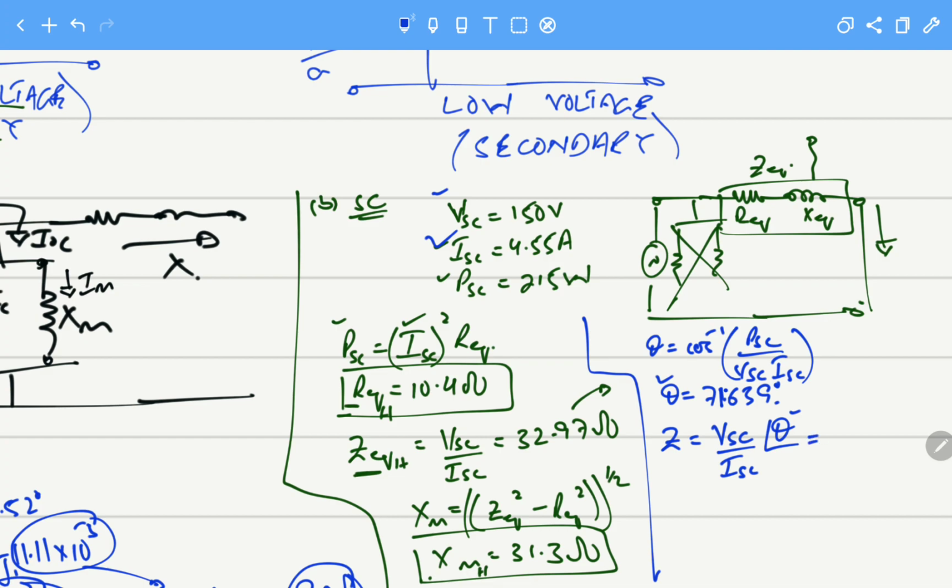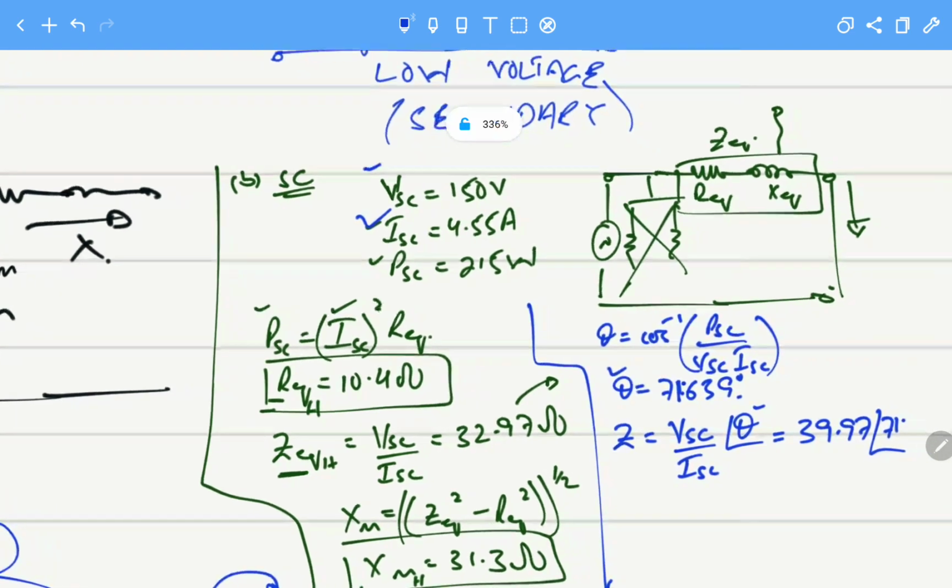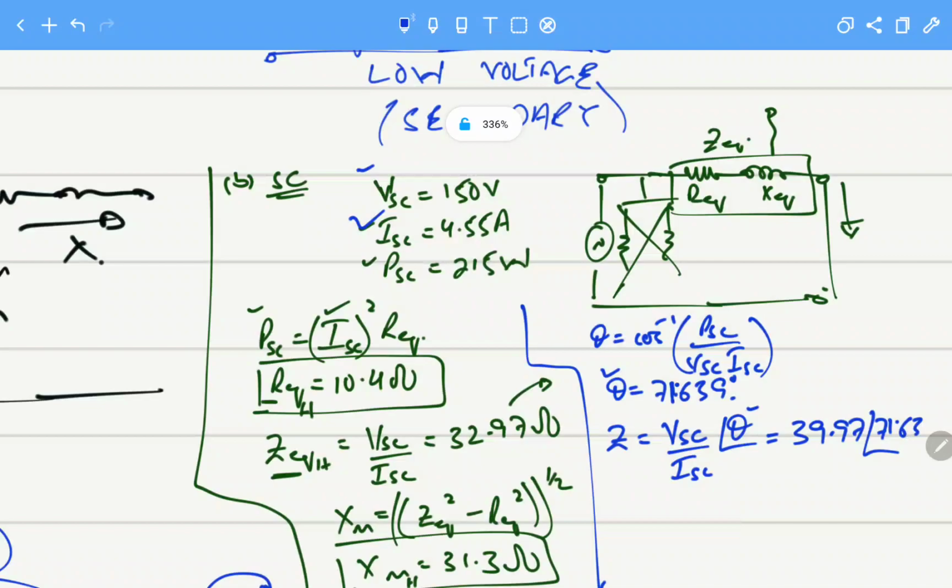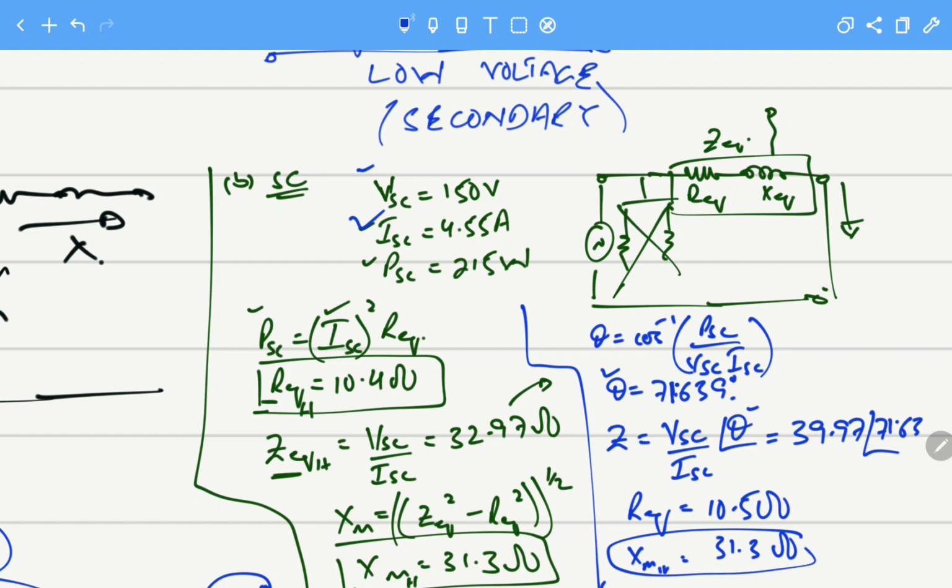So this will become 39.97 angle 71.63. From here, if we expand this, the real part will be 10.5 ohms and the imaginary part will be 31.3 ohms. Again we get the same values.